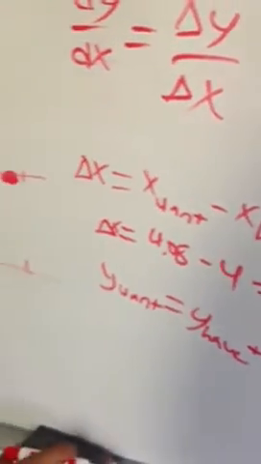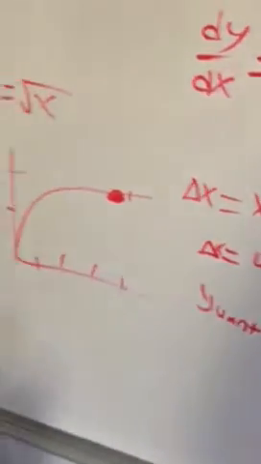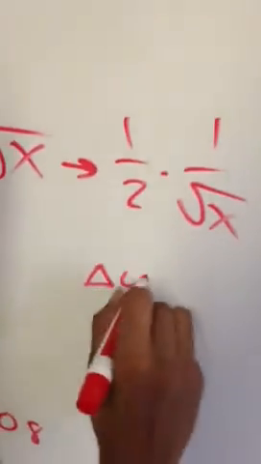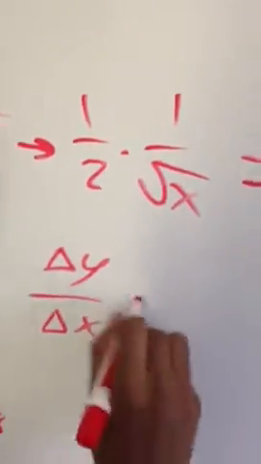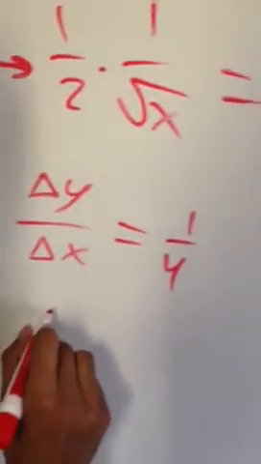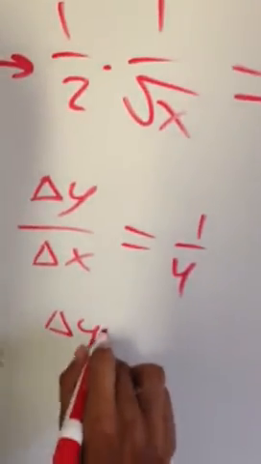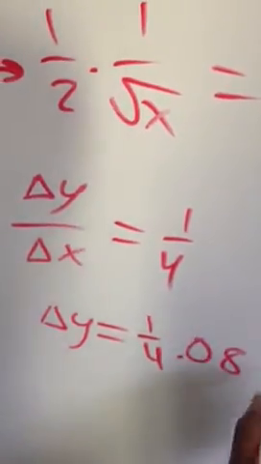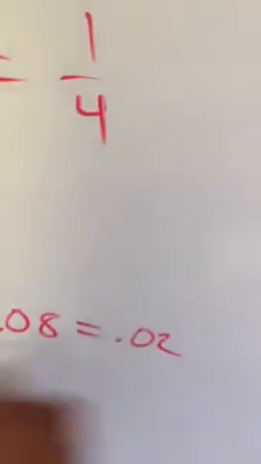Okay, now let us find dy/dx at this point. It's very simple. Root x derives into 1 over 2 times 1 over root x. We plug in 4, and we get 1 over 4. So delta y over delta x is 1 over 4. What is delta x? Let's go back here. Delta x is 0.08. So then we say delta y is 1 over 4 times 0.08. This is just 0.02.